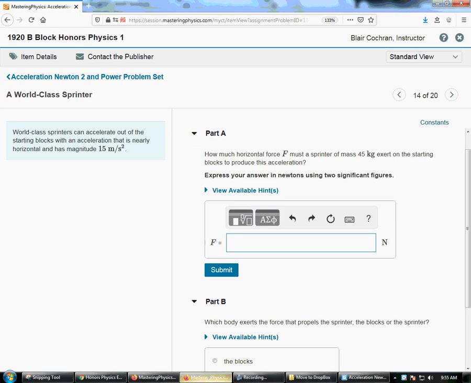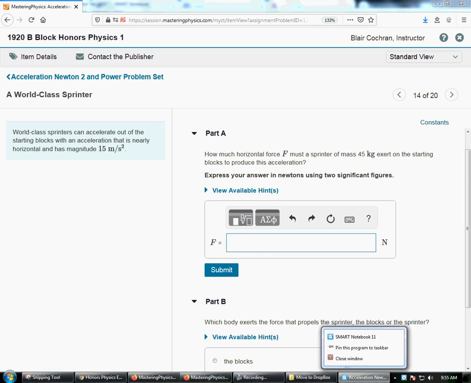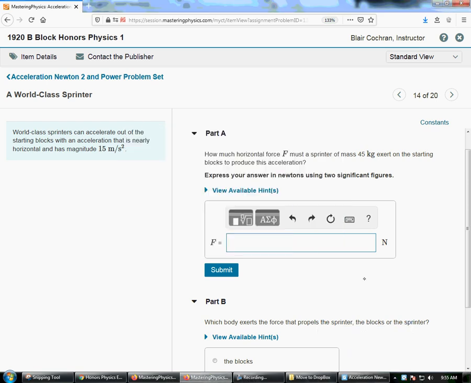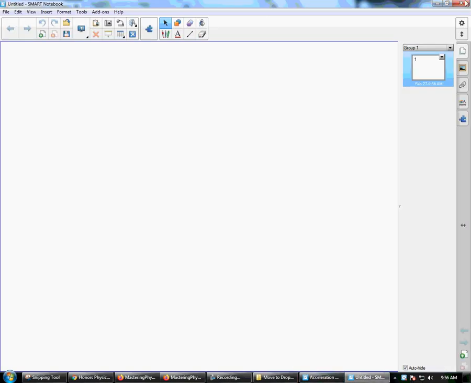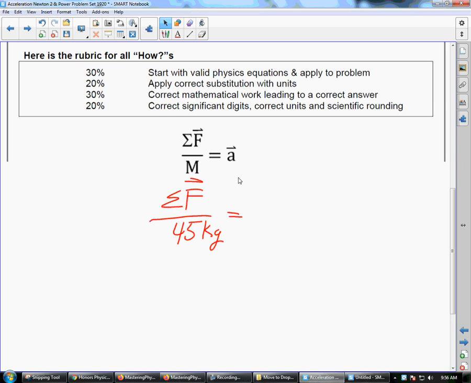We have the acceleration. Meters per second. And now just solve. Right?